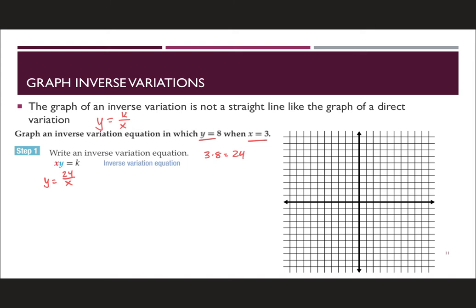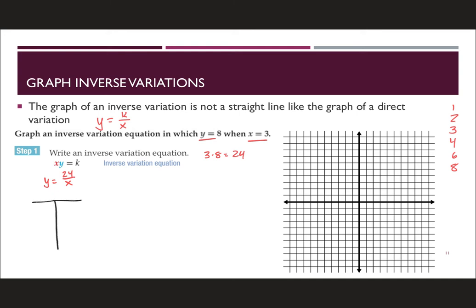For this I have 1, that goes into 24, 2, 3, 4, no 5s, 6, no 7s, 8s, that's about it. Or at least that'll do me all right because I only have a 10 by 10 graph right here. So I'm going to stick with those values for right now.